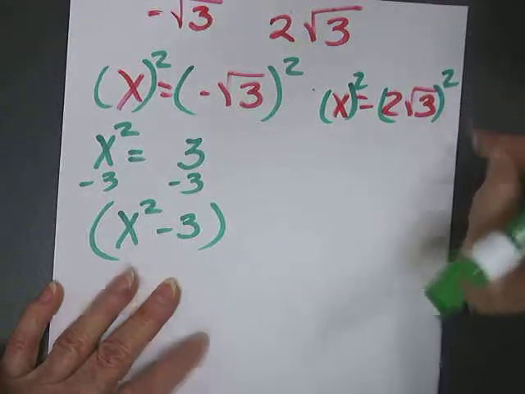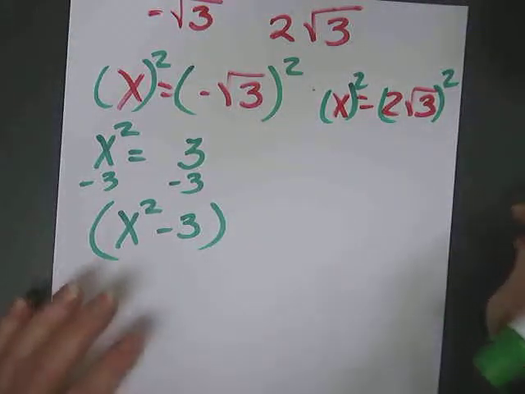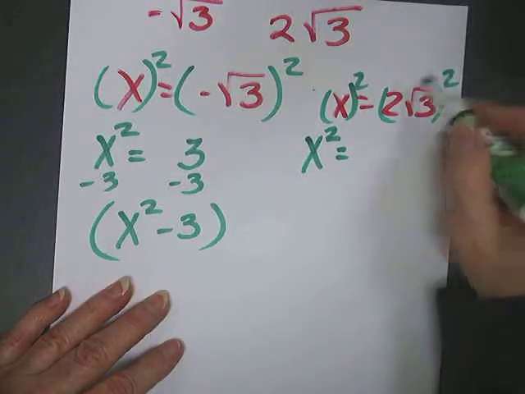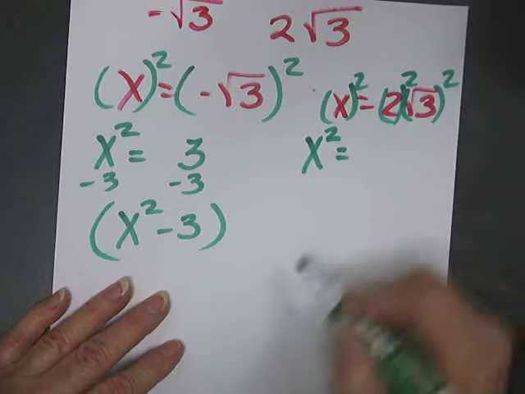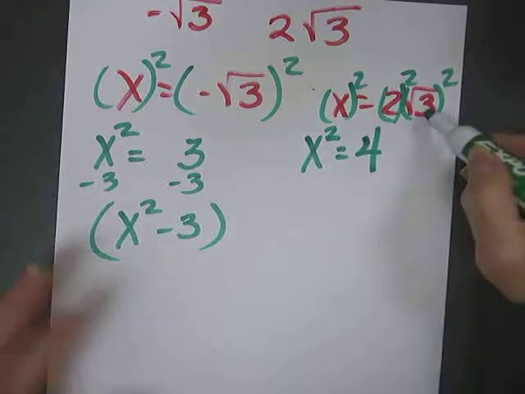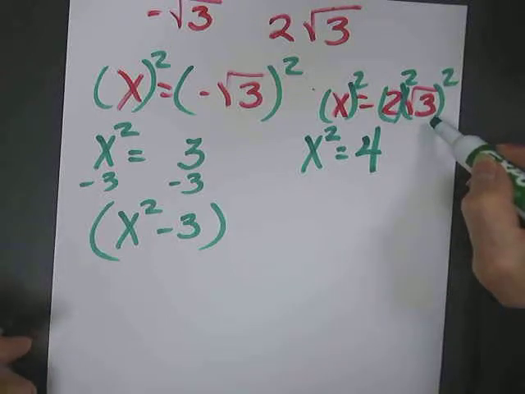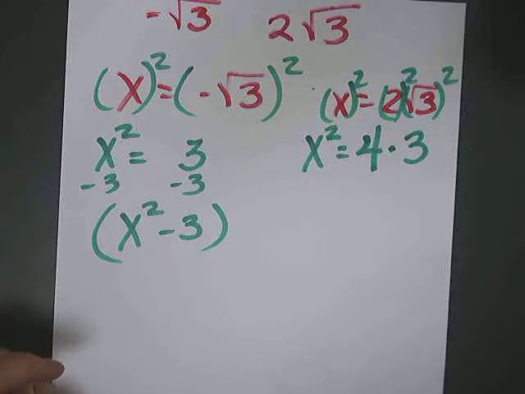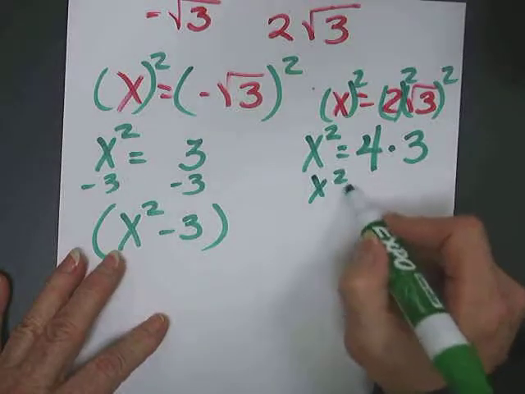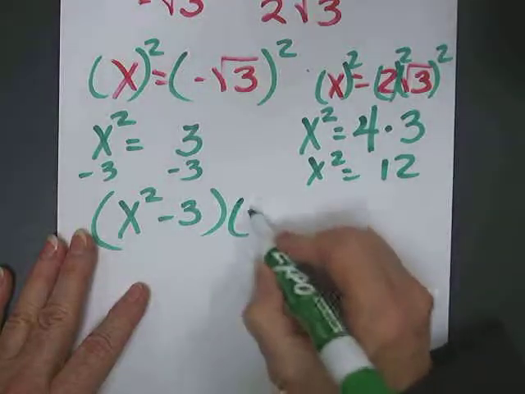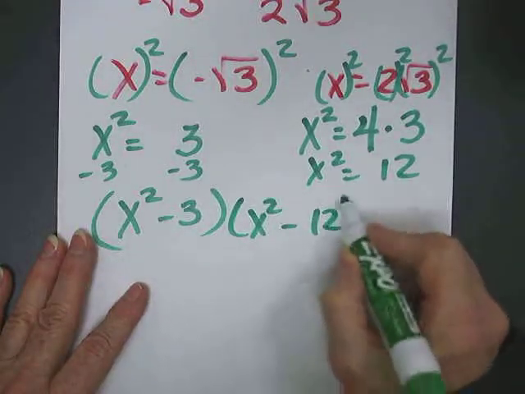Equals 0. Okay, this one. Divide by 2. Yeah, we don't want to divide by 2, let's leave it, we'll square it. X squared looks better down here than x over 2.